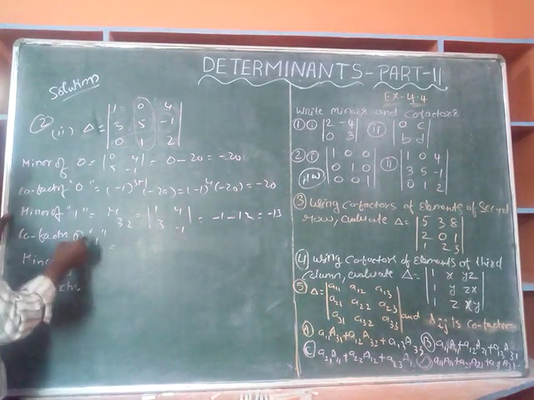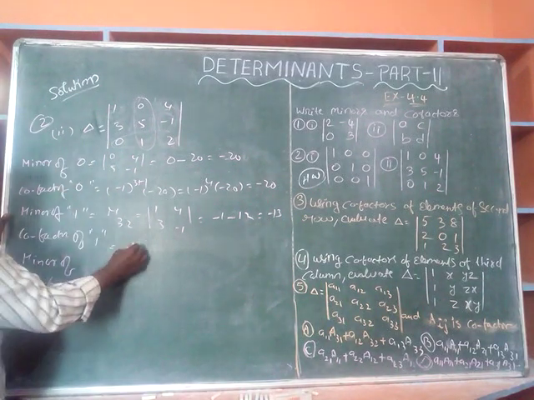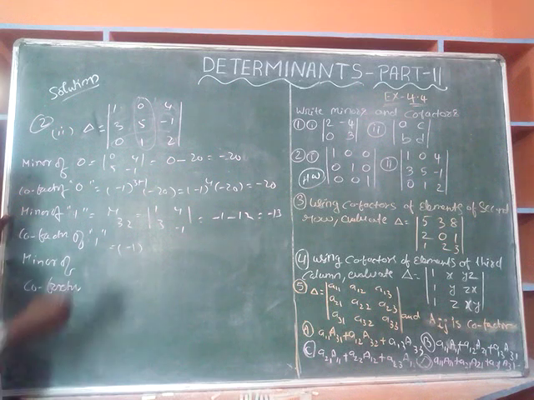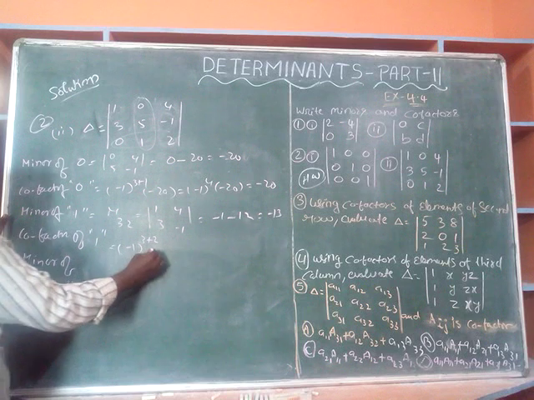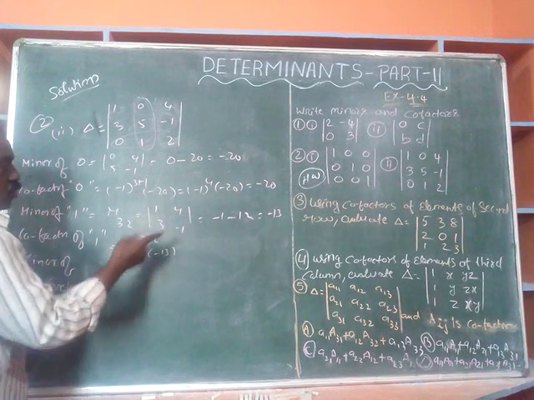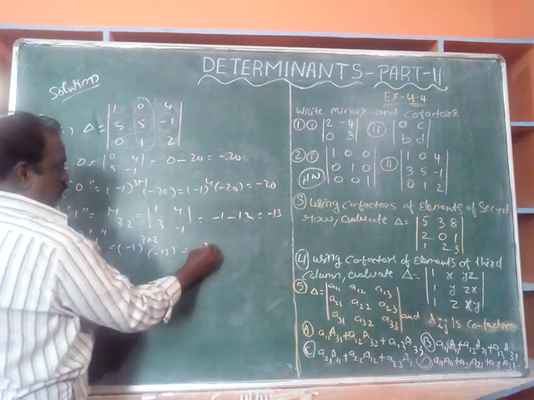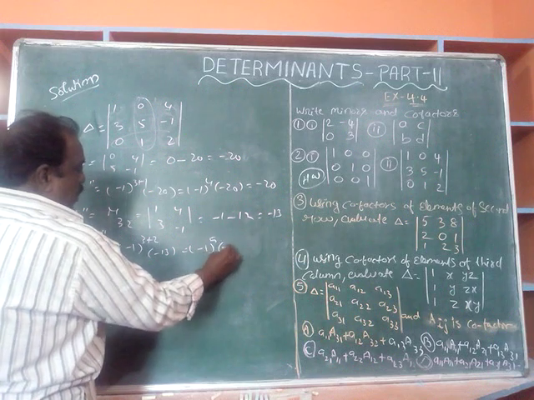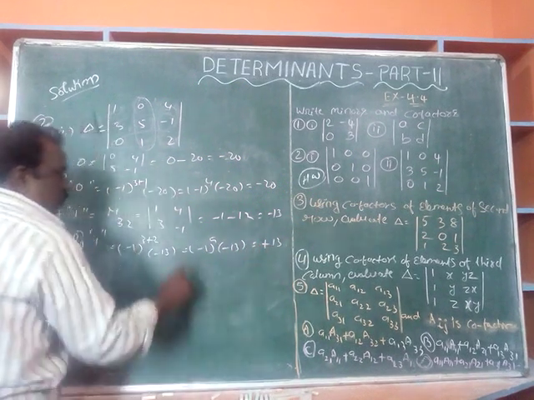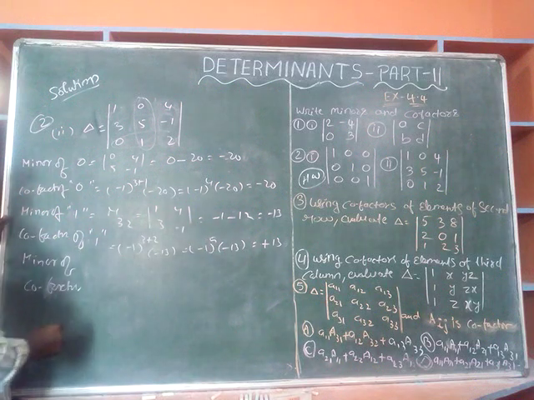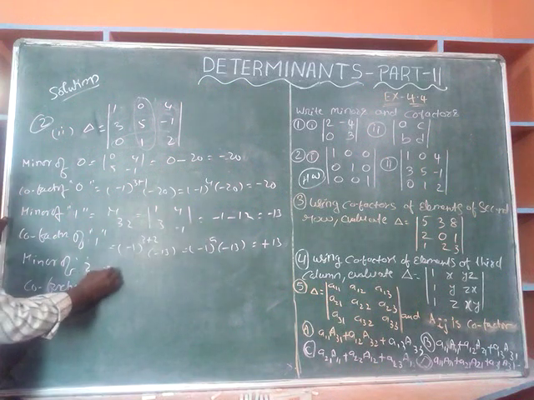The cofactor of the same element 1 is minus 1 power 3 plus 2, third row, second column, into M32, which is minus 13. This is minus 1 power 5 into minus 13, which is simply plus 13. Minus and minus.